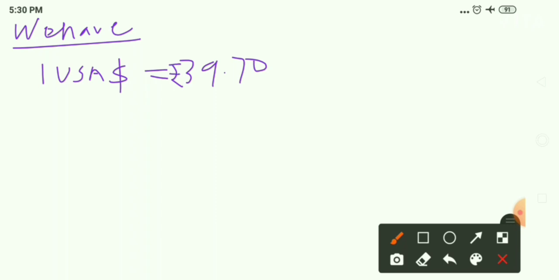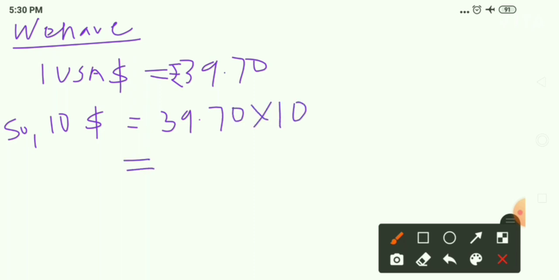You can also give the symbol of rupees. So 10 USA dollars will make 39.70 multiplied by 10. Now you will get how much? Yes, it's a simple multiplication.